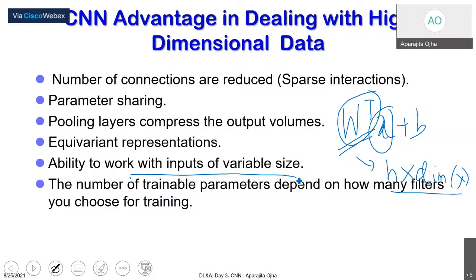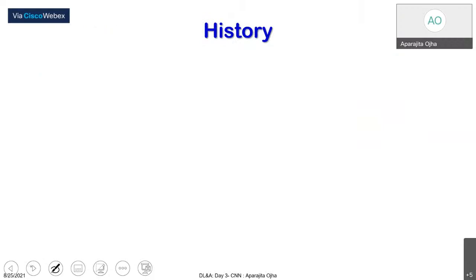So the number of trainable parameters depends on how many filters you choose for training. And these are some advantages of neural networks.